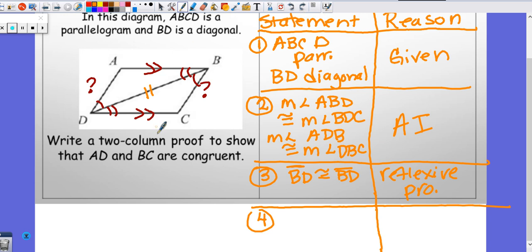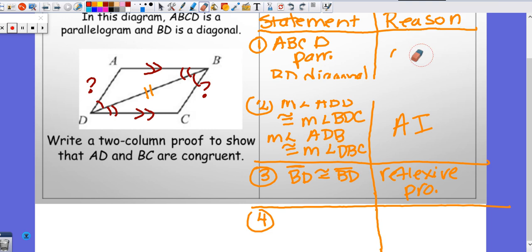I'm leaving out the parallel sides again. I'm not rewriting all of this, guys. I'm going to go here and make this smaller so I can get that in there. Because the only way that I can say that those angles are congruent, I have to first say that those two sides are parallel. So give me a second. These proofs are just a flow of thinking. It's probably better to write a plan as you're doing it. So ABCD is a parallelogram, and BD is a diagonal.